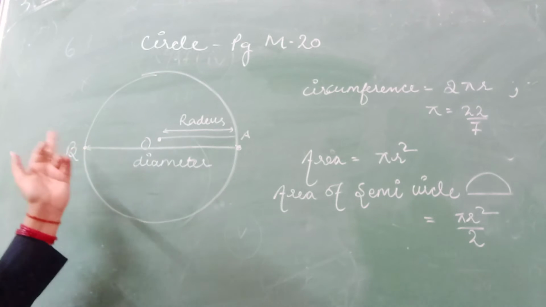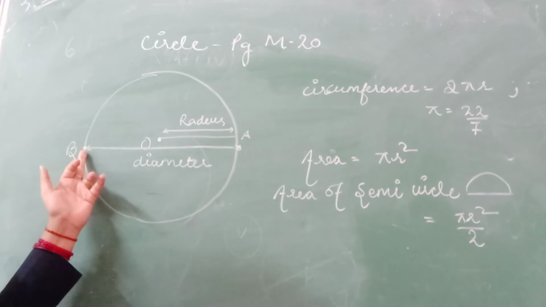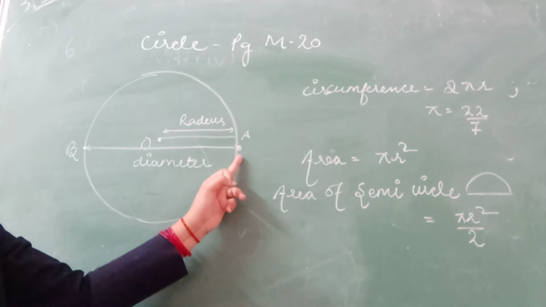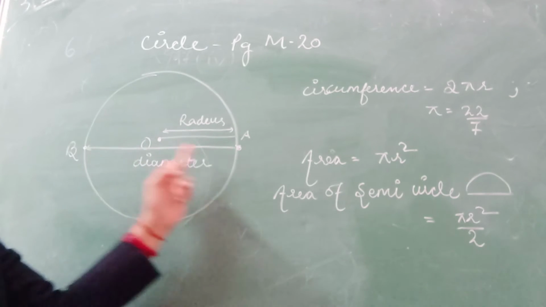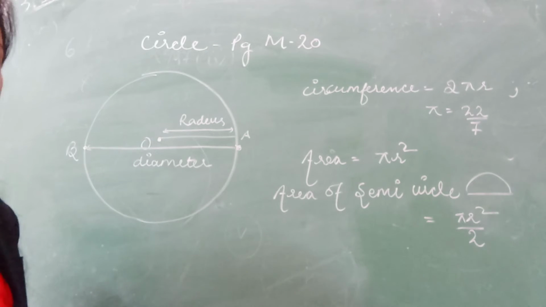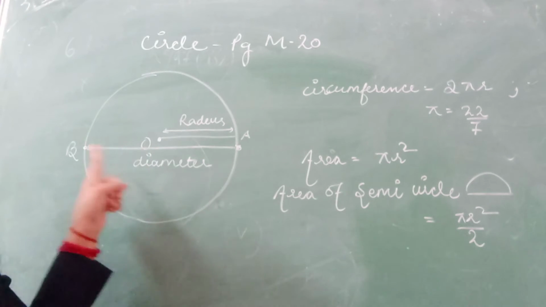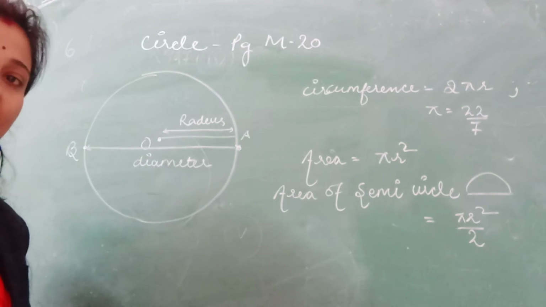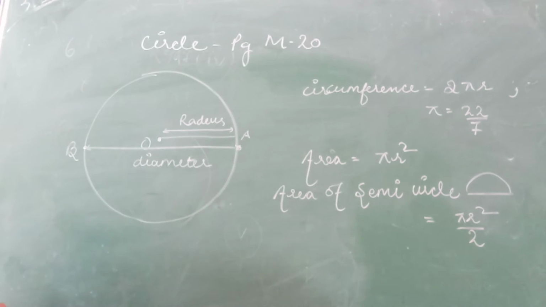Okay, so from one point of the circle on one side to another point of the circle on the other side, the whole distance is considered as diameter, and it is written as d, and the half of this diameter will give you the radius, which is written by r. So this was all about circle.